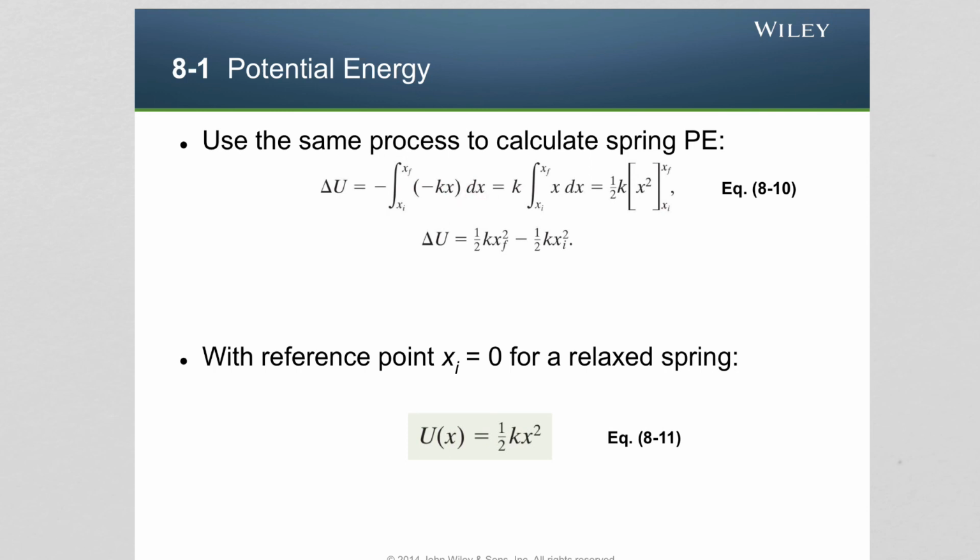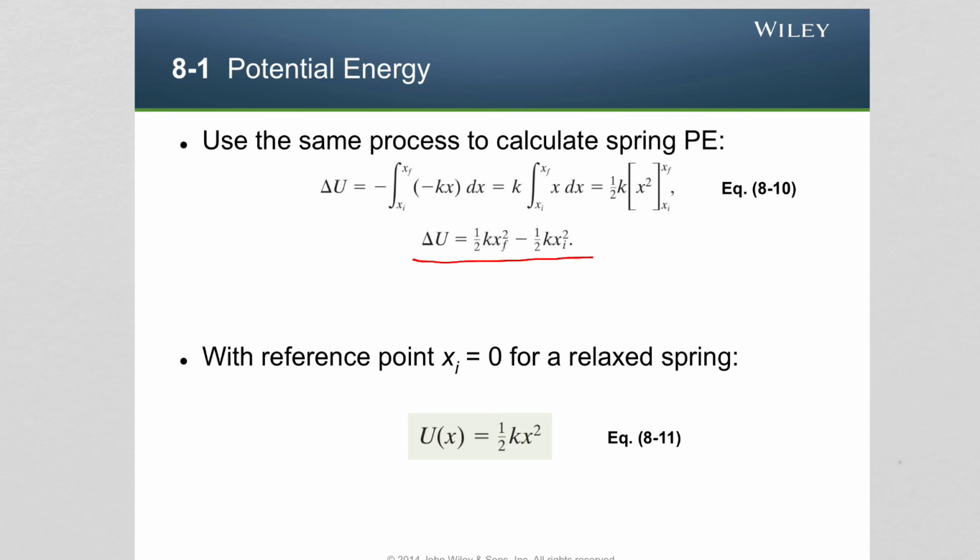And the limits of integration are from some initial position to some final position, which then becomes k times the integral of xi to xf of x dx, which is 1/2 k x squared between those two limits, which finally becomes this expression here. So the change in elastic potential energy for a system such as a block attached to a spring that can oscillate horizontally is given by this expression here.